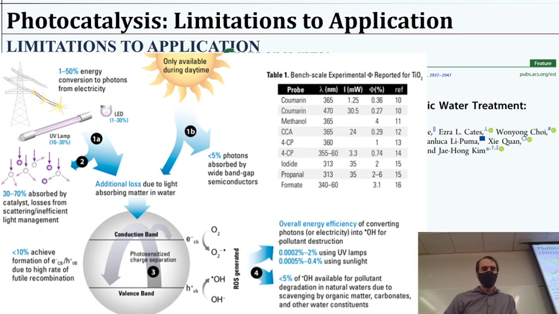So that's a couple of the pathways there, or less than 5%. I guess in addition to that, less than 5% of hydroxyl radicals available for pollutant degradation in natural waters due to scavenging by bicarbonate and natural organic matter or other constituents. So lots and lots of reasons that it's not as efficient as we'd like it to be.